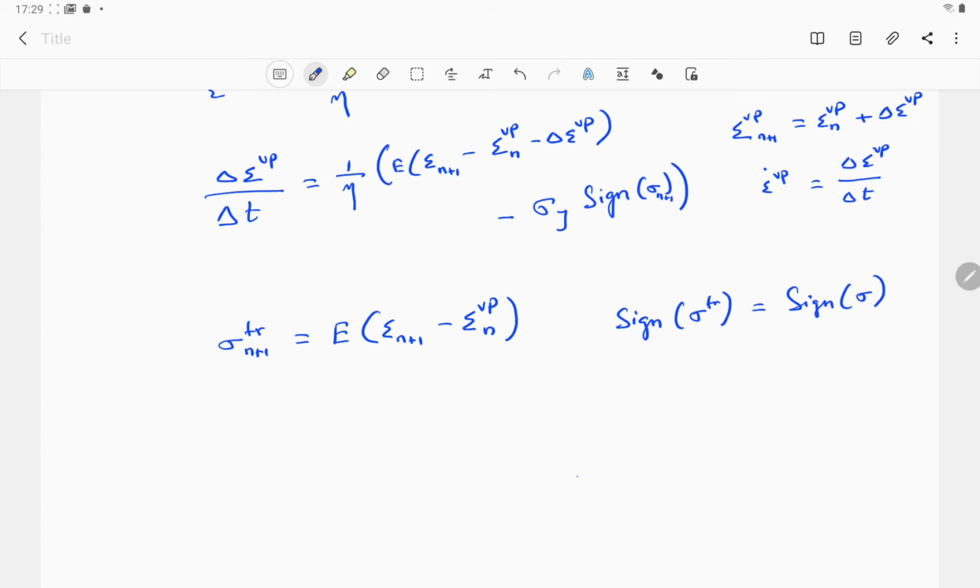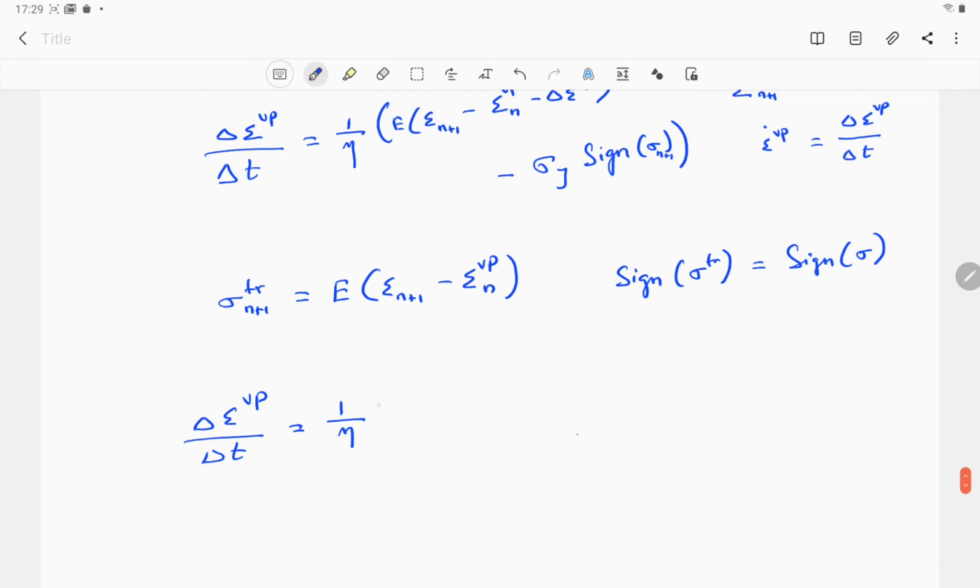And because of that fact, what I can say is delta epsilon Vp by delta t is equal to 1 by eta E epsilon n plus 1 minus epsilon n Vp.